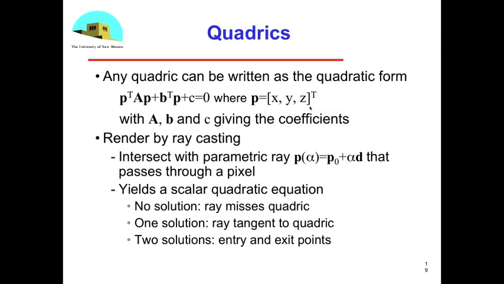If you look, though, at the quadrics as equations, they all can be written in the following form. We looked at them earlier. We said there's 10 coefficients to determine them. If we look at a little XYZ array, we can write any quadric in the form P transpose AP plus B transpose P plus a constant C. This A is a 3 by 3, so we have 9 coefficients in here, but we can always make it symmetric because all the terms x times z and z times x are the same.